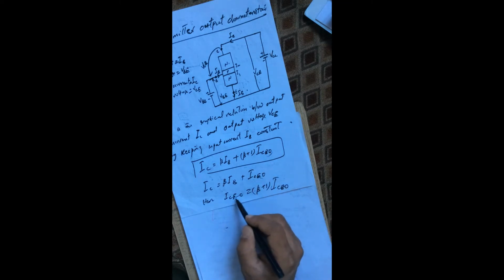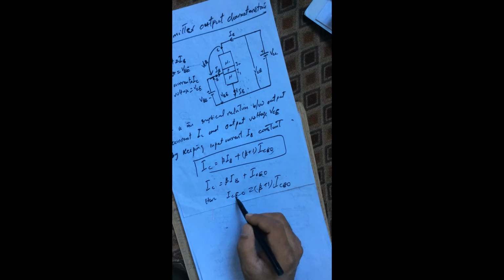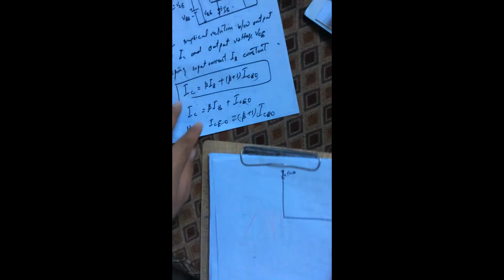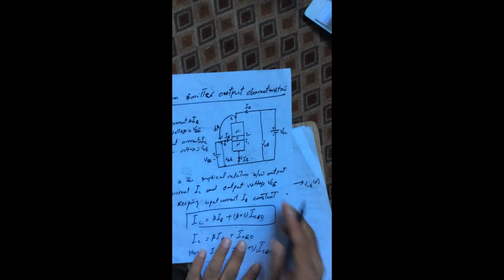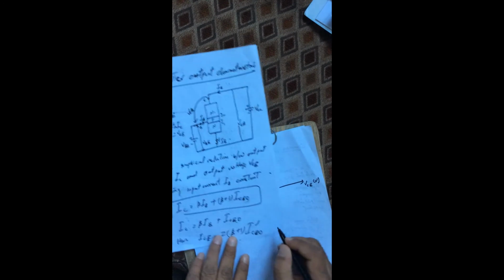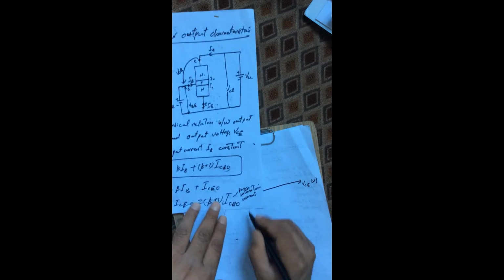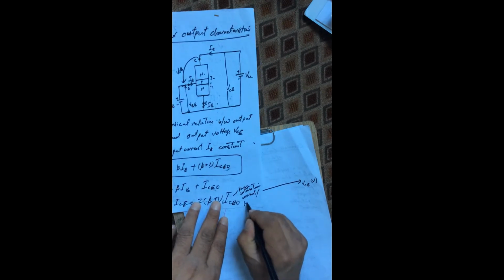Here the collector and emitter are operating while the third terminal, which is the base, is open. So these are the reverse saturation currents. We also call it leakage current.